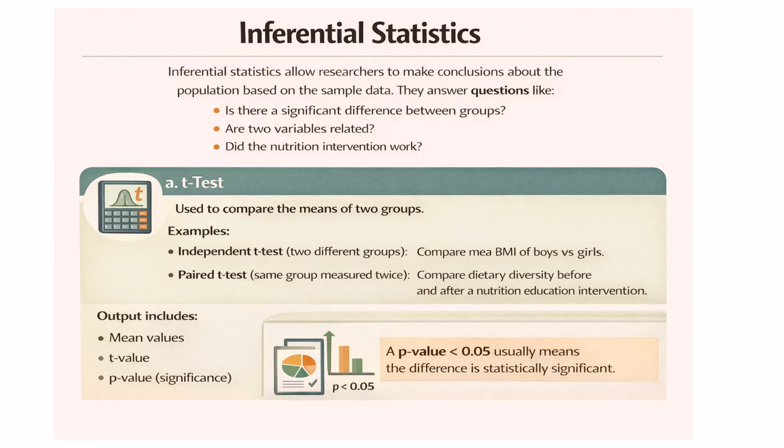When you are comparing the means of two different groups, maybe a male and a female group, maybe a group A and a group B, you use an independent t-test. But when you are comparing the same group, looking at a before and after comparison of the same group after an intervention, then a paired t-test will be used.